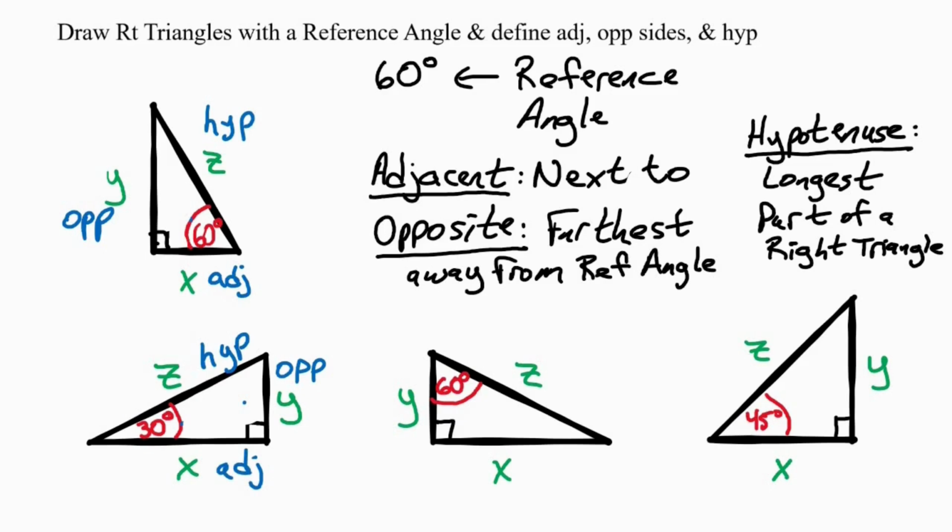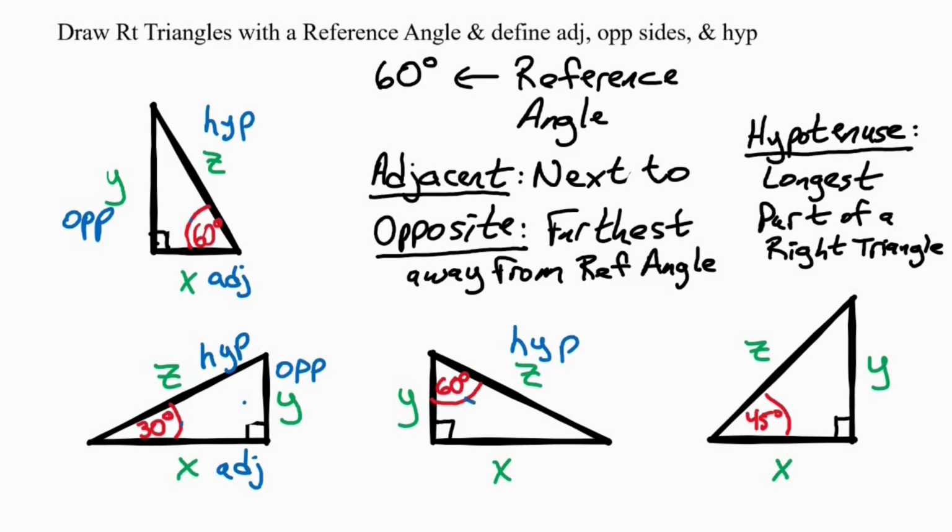Okay, and once again, for this third example over here, we have the hypotenuse over here. And then which one is the opposite? Some students get a little tricked up with this because they start to say, oh, y is always the opposite side. No, the opposite side is the side that's farthest away from the reference angle.